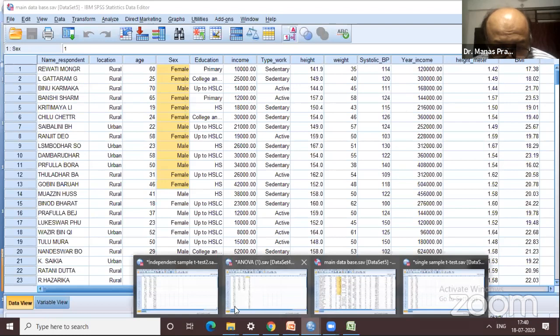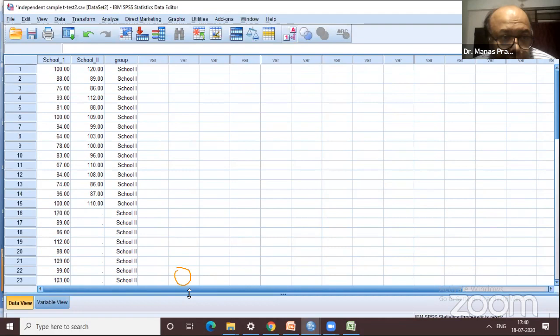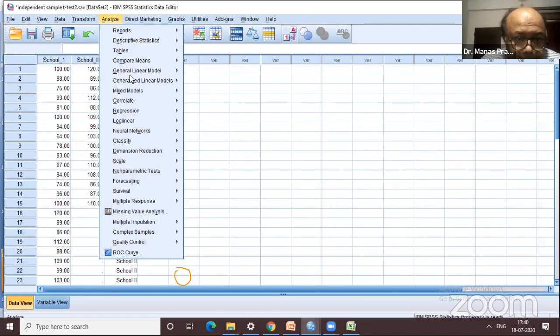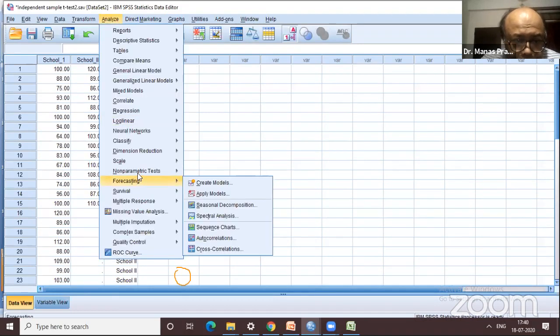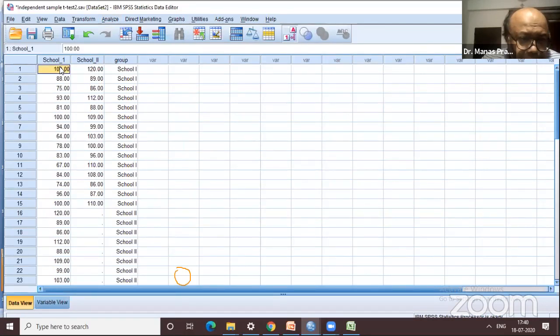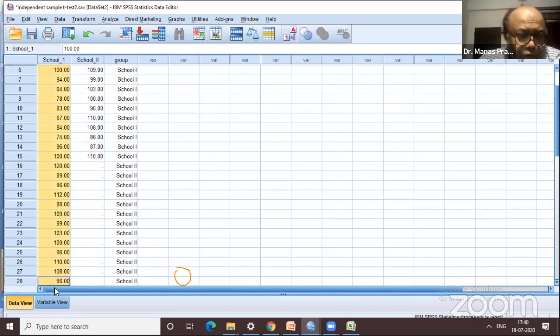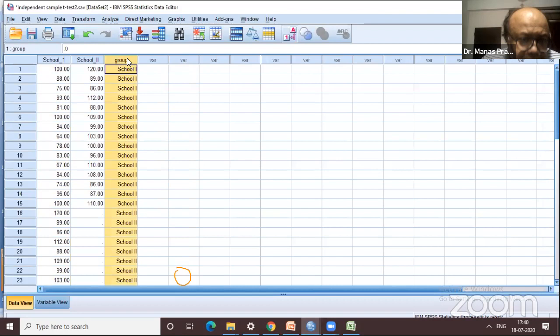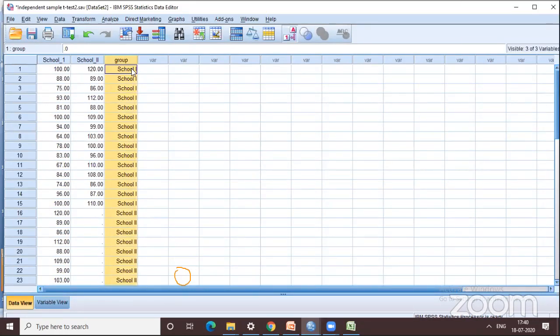So for this test, I have to arrange the data in the same way. In the first column, I have to put the scores of all the two groups, and then in the second column, this variable, I have to put a binary variable which identifies the school.